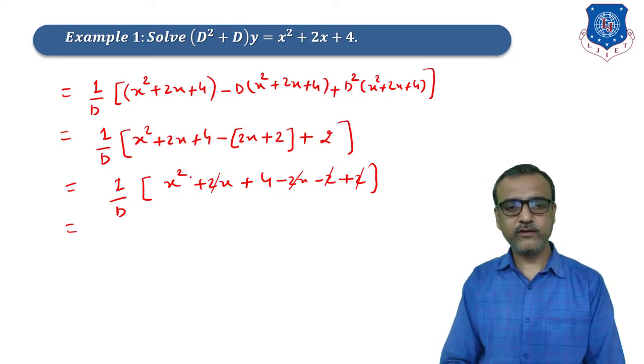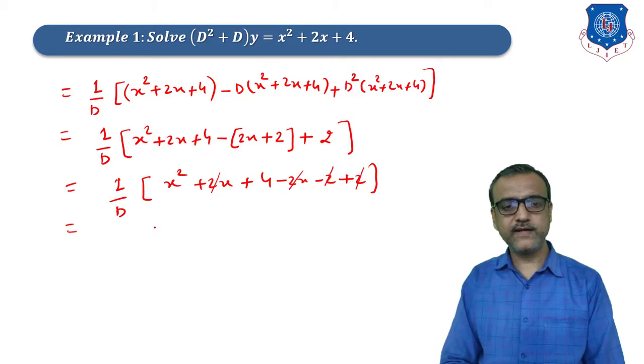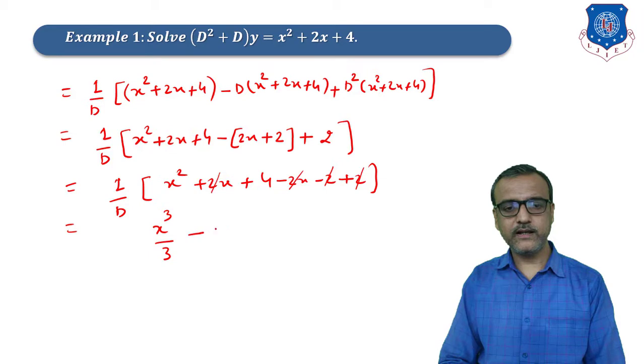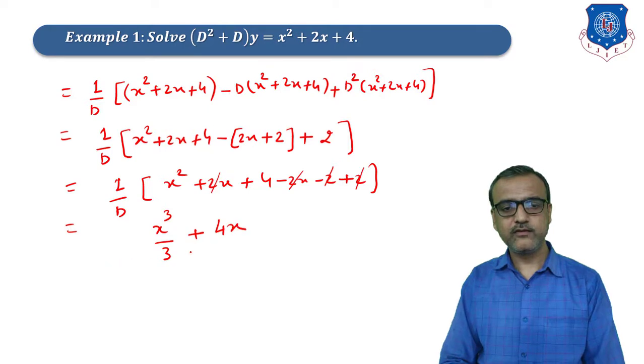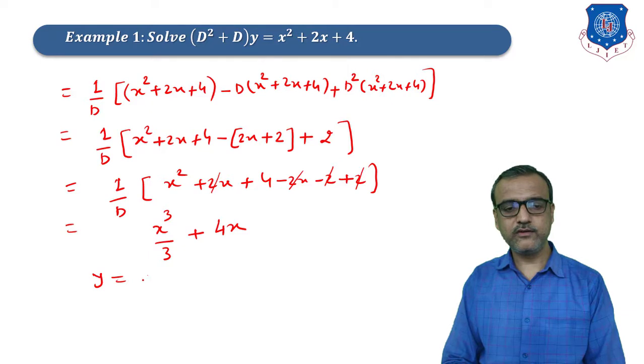Now integration of x^2 according to the formula, integration of x^n dx, that is x^(n+1) over n+1, so that is x^3 by 3. Then plus 4 is a constant value, and integration of 1 with respect to x is 4x. So this is the required PI. At last we will write down the general solution, that is y = CF + PI.